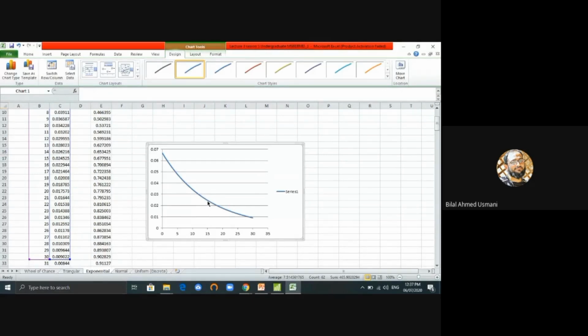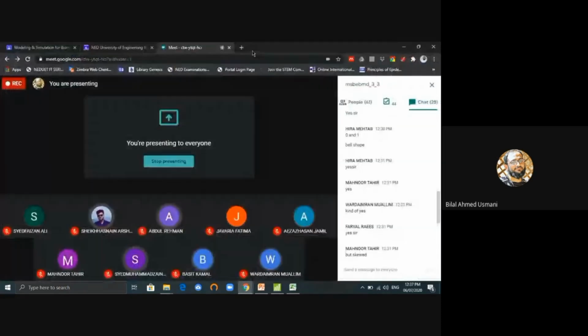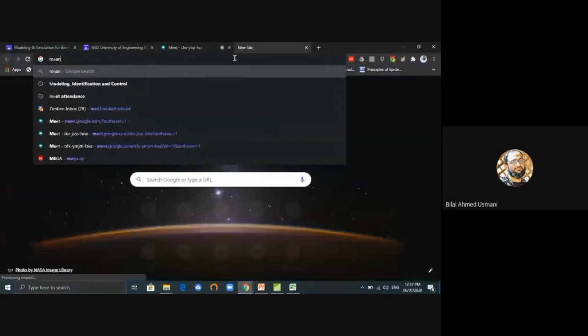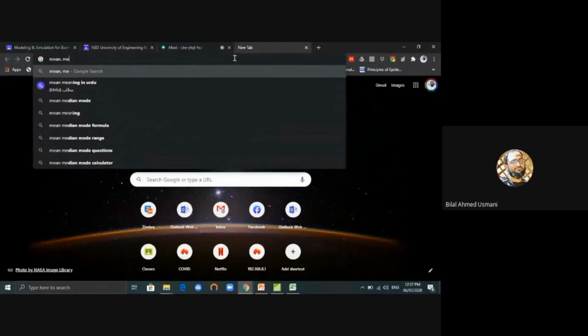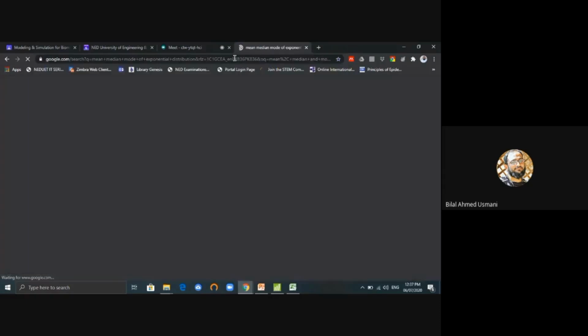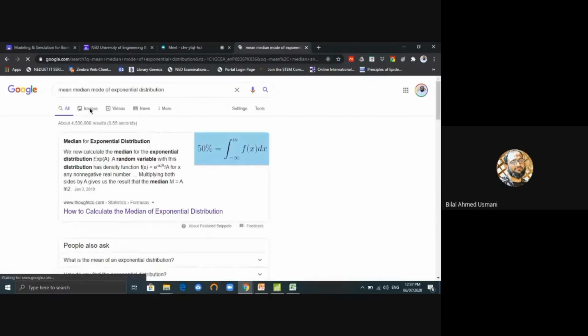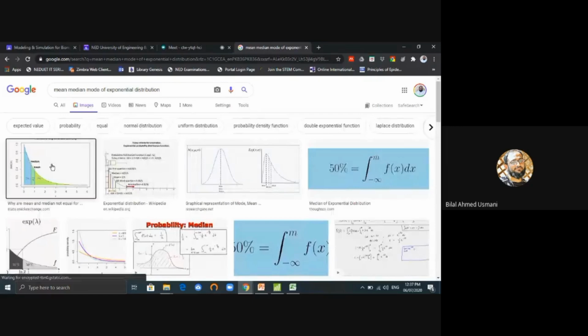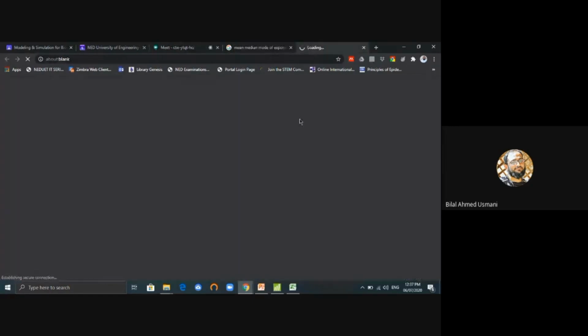So this is the mean of the exponential distribution. If we stop here for a minute and look at the mean, median, and mode of an exponential distribution, then this is actually what I was talking about.